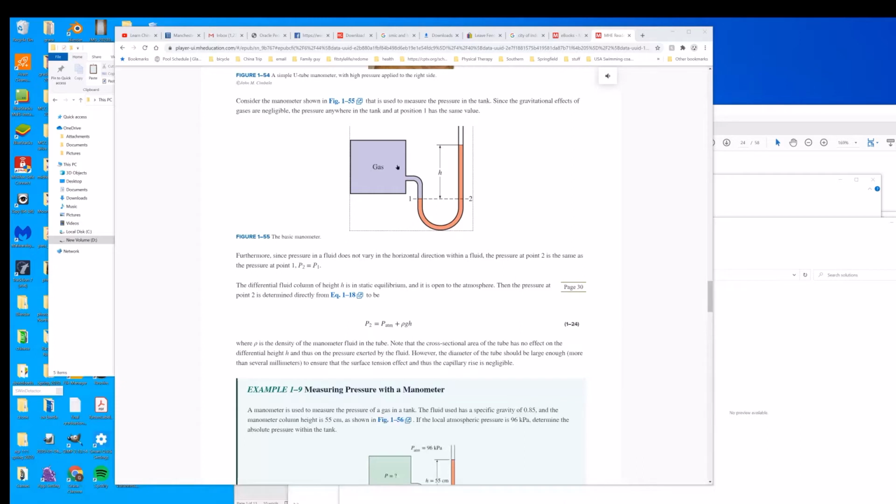The pressure would be the same everywhere inside this chamber, and this is connected to it, so this is all essentially part of the chamber. Whatever pressure is here is the same over here at 2.